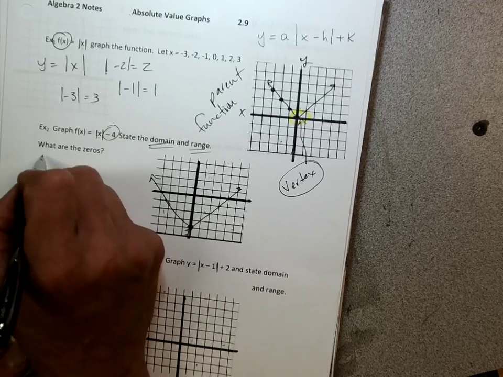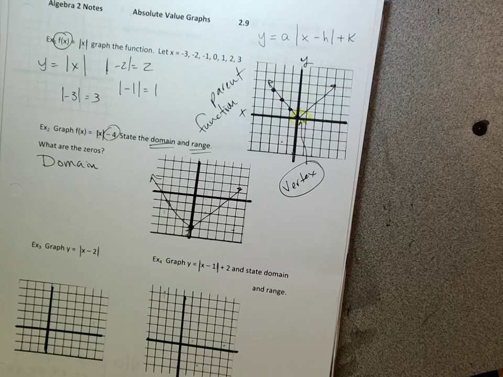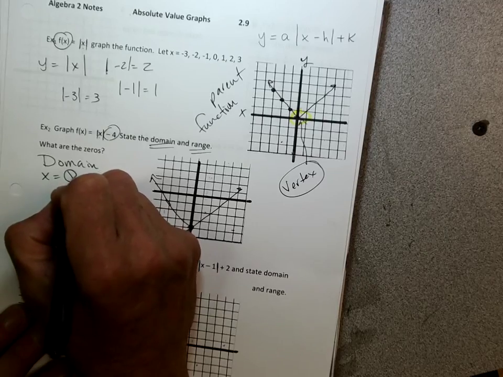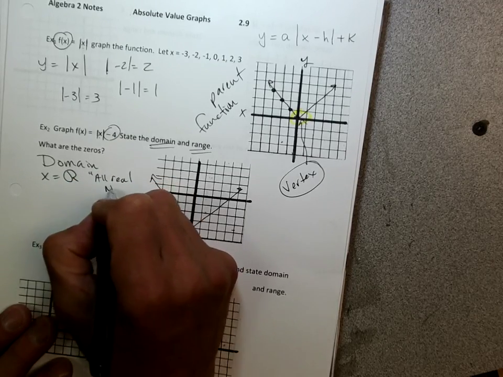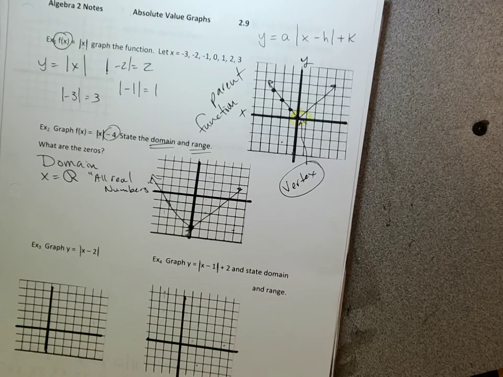So the domain is infinite. But we're going to write it like this. You're totally right, Dylan, if you put infinite on a test, I would take it. This is easier. I'm going to put this cursive R, which stands for all real numbers, right? All real numbers. Every number can be an answer. You can plug in any number you want, okay?